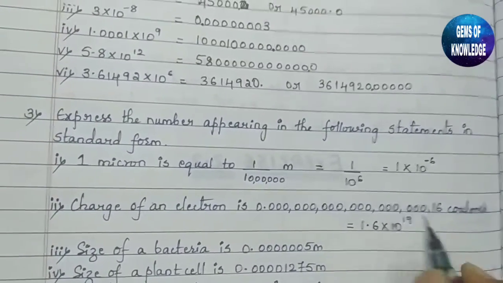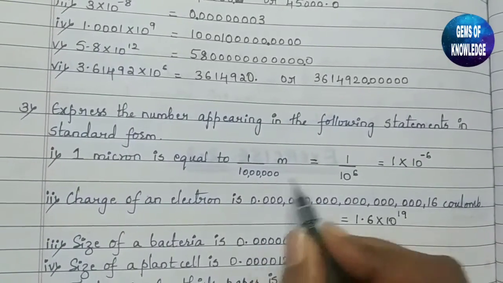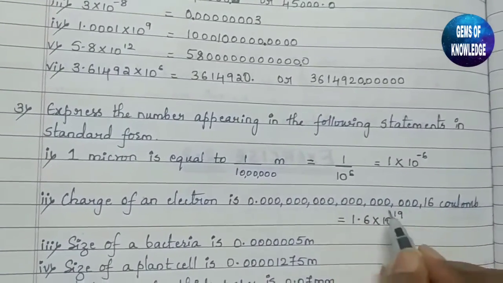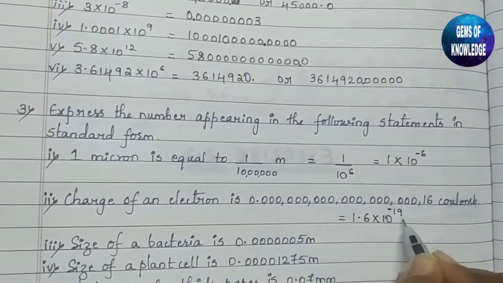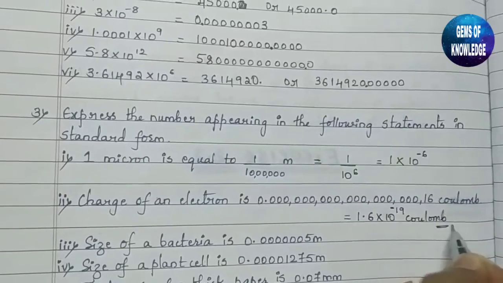Since we are taking this point to the right side, the power will be negative. So this will be the answer.